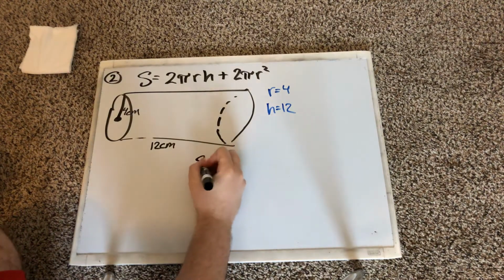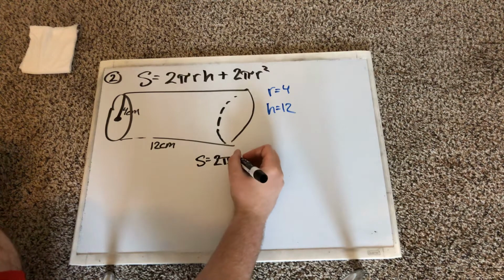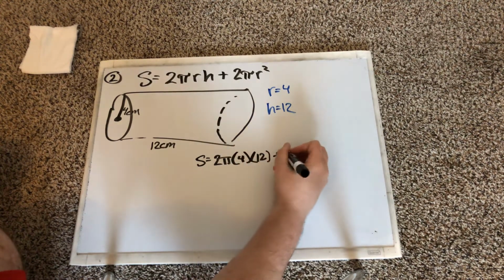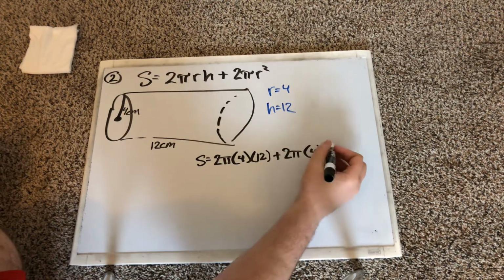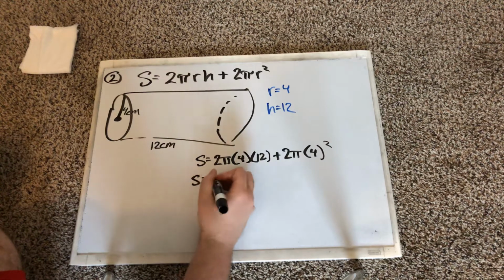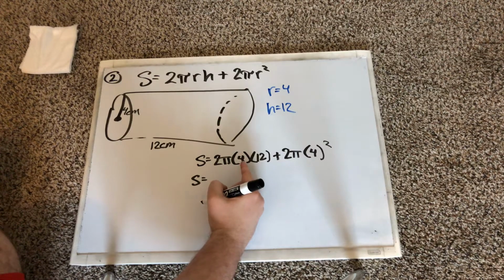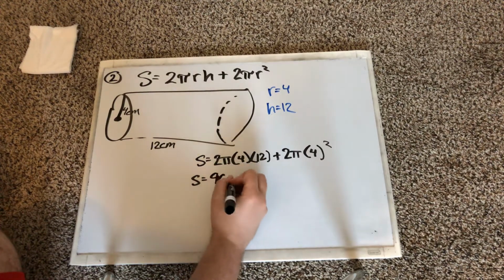So, surface area is 2 pi the radius, which is 4, times the height, which is 12, plus 2 pi, and then the radius squared. So 2 pi for 12, 2 times 4. Well, it doesn't really matter the order that you do this in. 2 times 4 times 12, 96 pi.